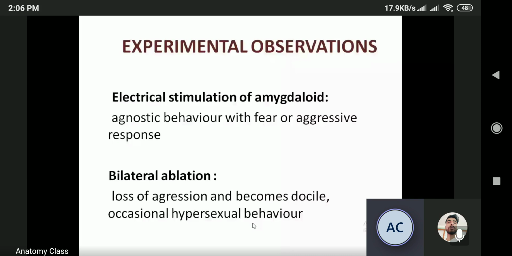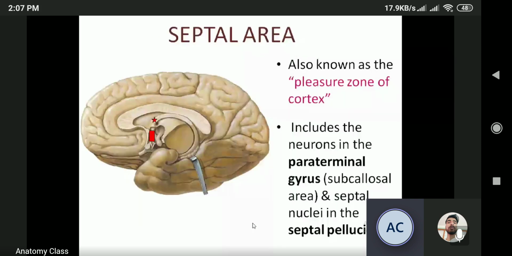Now the next part of the limbic system is the septal area. The septal area, also known as the pleasure zone of the cortex, includes the neurons in the parahippocampal gyrus and the nuclei of the septum pellucidum. As for its connections, it receives afferents from the amygdaloid body.